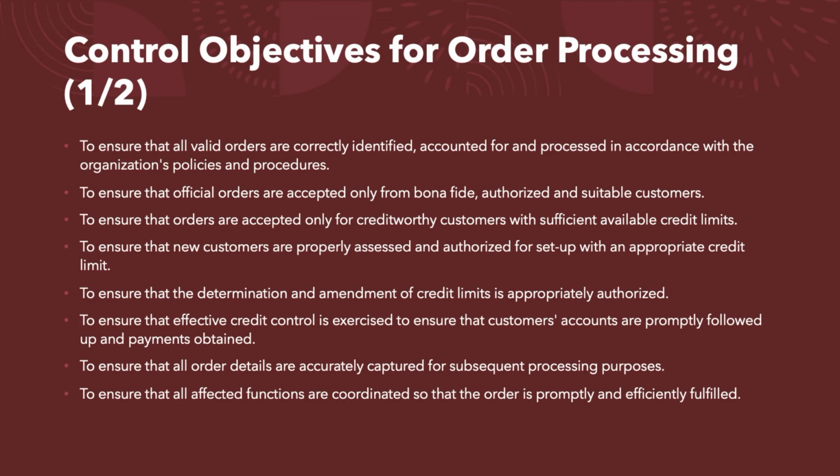So, remember na dapat yung mga i-grant natin na customer orders is really within the credit limits of the customer. If that is the case, and of course, if there are any other conditions, dapat that is in line or in accordance with the policies and procedures of order processing.